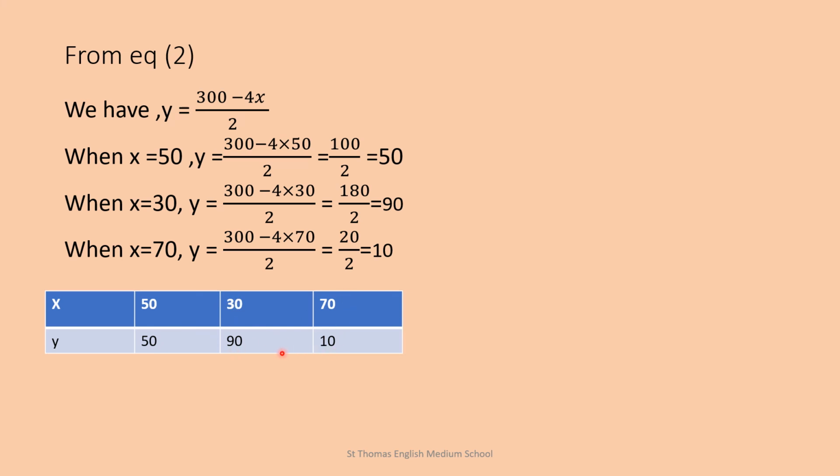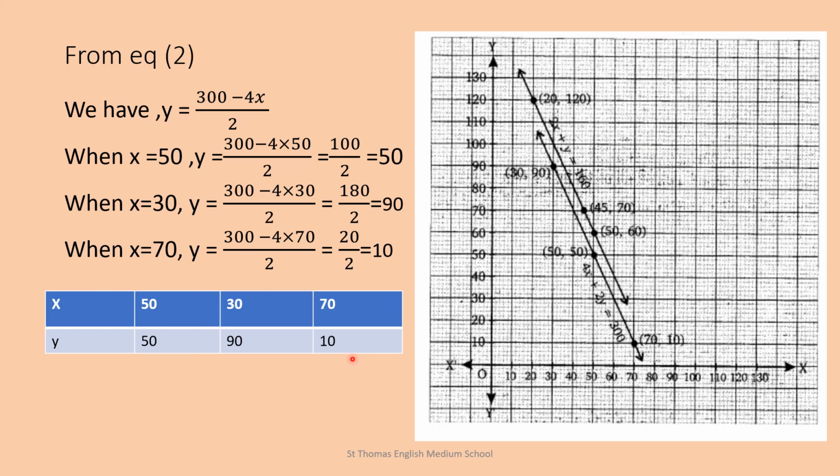So you got three solutions each for equation 1 and 2. Now you can represent the two equations in the same graph paper. So for representing the equation in the graph, the first step is you have to take the graph paper, draw the x-axis, y-axis, mark the intersecting point as O. When the values of x and y are bigger numbers, select a suitable scale.